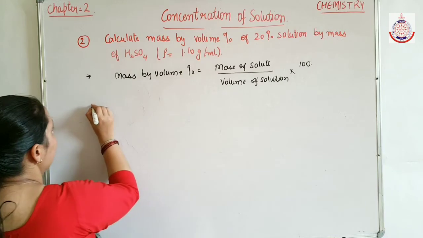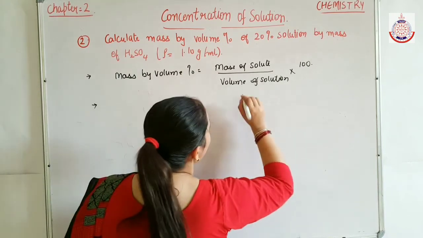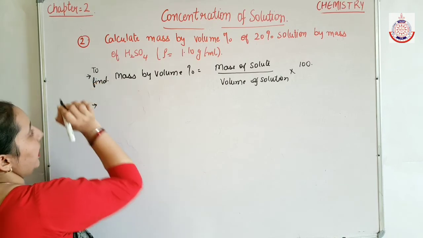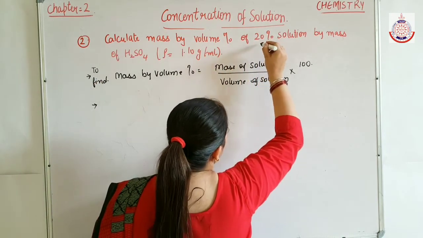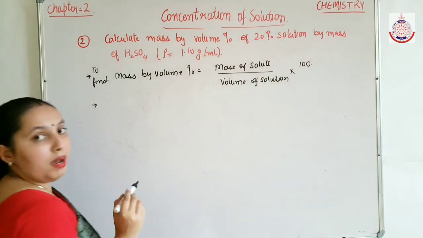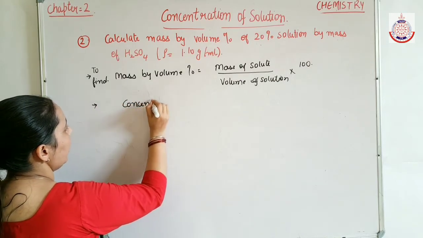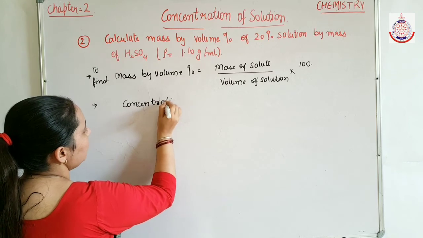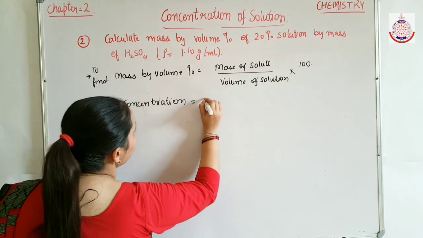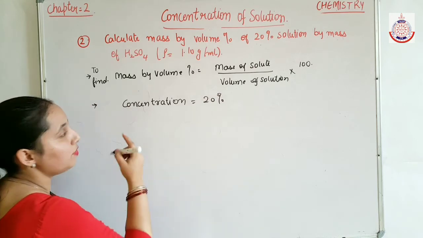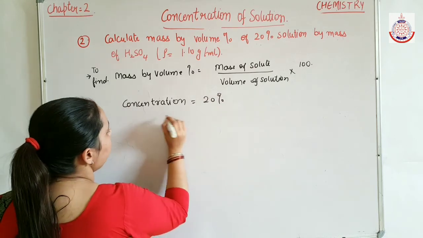So what is given? Next is 20% solution by mass. So concentration here is given, that is 20% by mass of sulfuric acid. What does it mean?